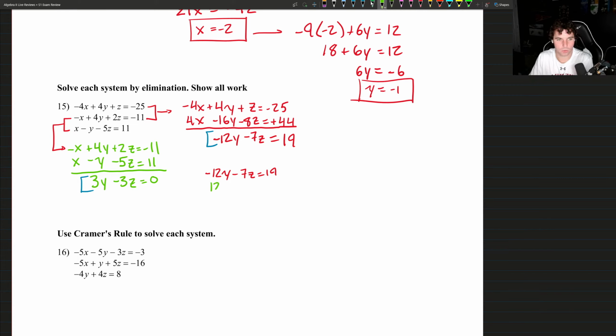And when I do that, we get 12y minus 12z is equal to 0. So what we get, I think I did this right. Yeah. We get negative 19z is equal to 19. So z is equal to -1.